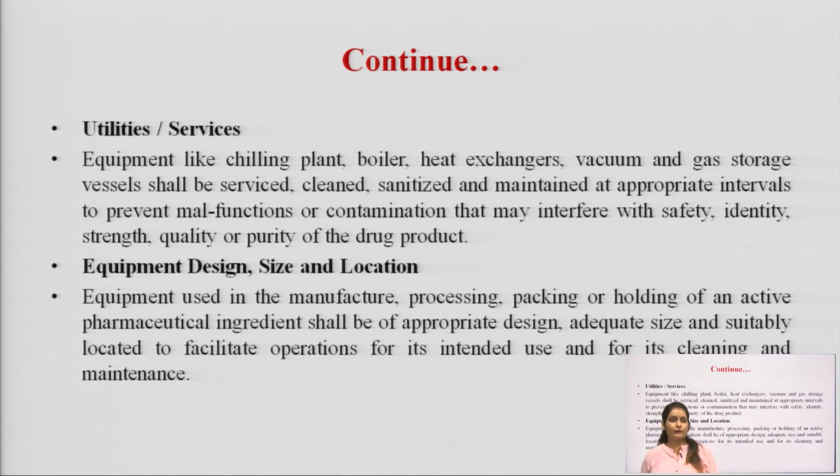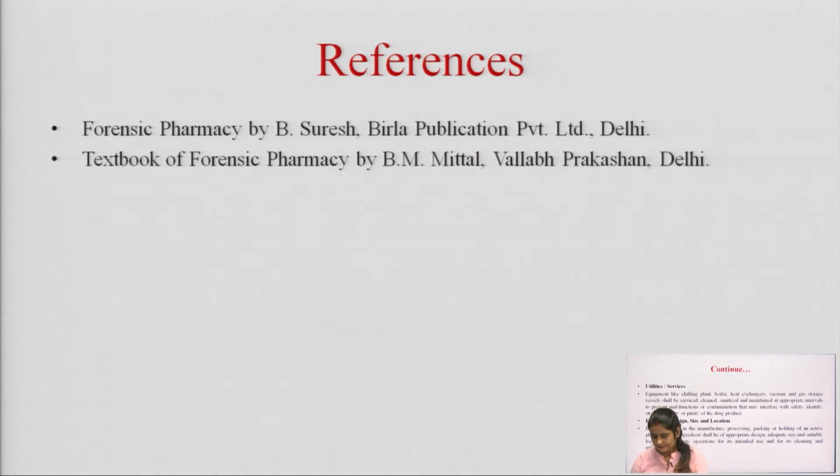The equipment used in manufacturing of bulk drug, packaging or holding of an active pharmaceutical ingredient shall be of appropriate design, adequate size and suitably located to facilitate smooth operation for its intended use and for its cleaning and maintenance.